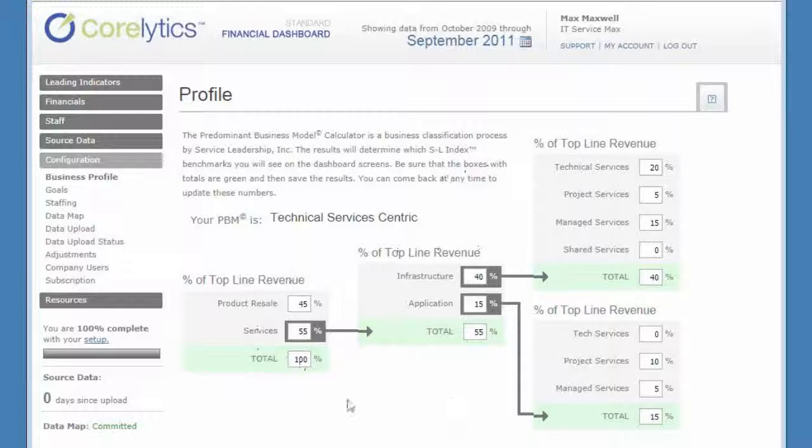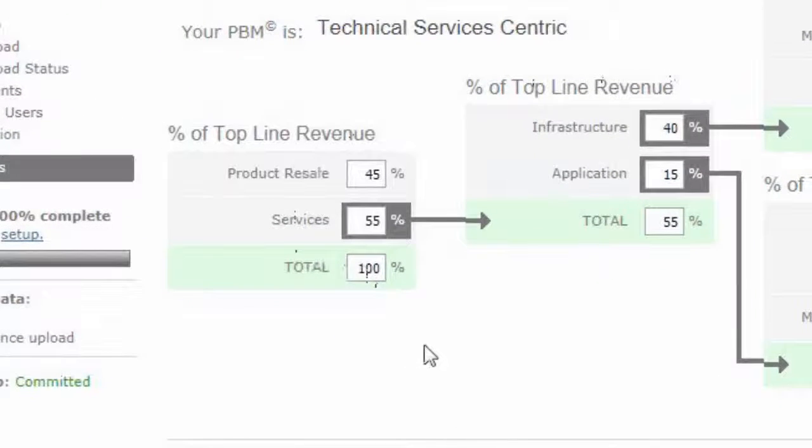This is pretty straightforward. Just look at your most recent 12 months of revenue, and then split that revenue between product and services, and then you take the services portion and you split that number so that this centerpiece equals the services percentage. Infrastructure and applications. Applications would be if you have programmers on your staff, if you're doing any kind of web development or possibly customizing CRM for your employees, for your customers, then that's application work.